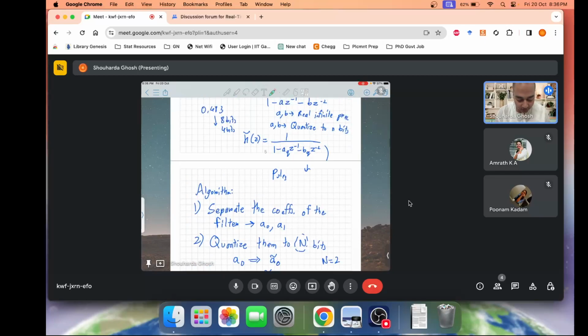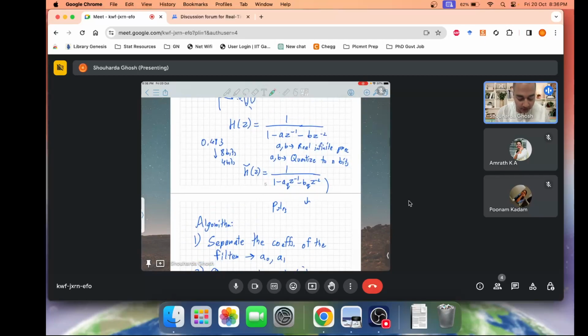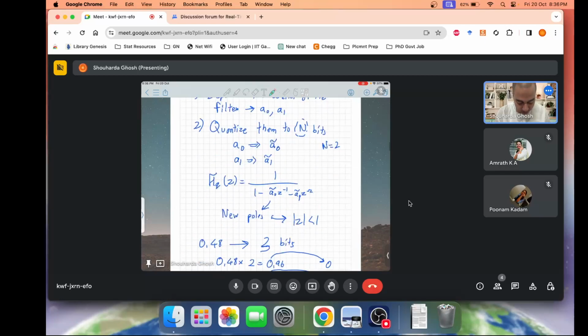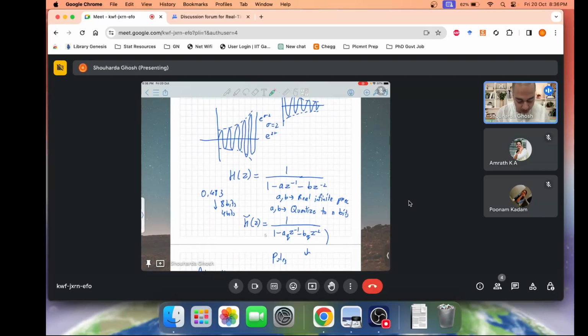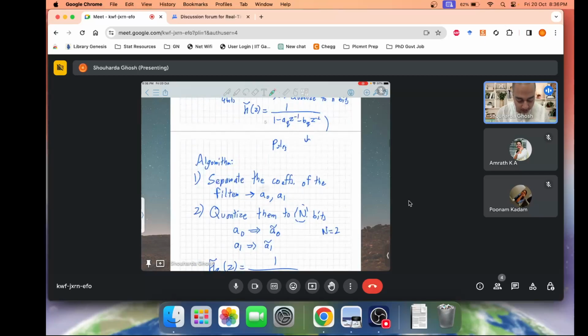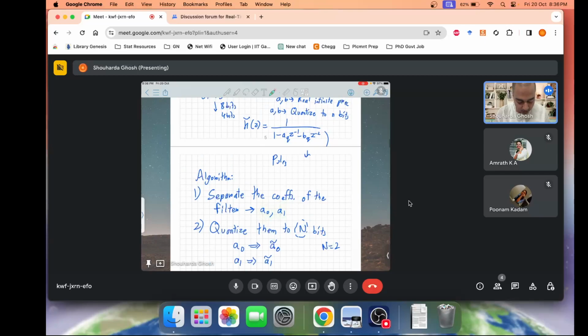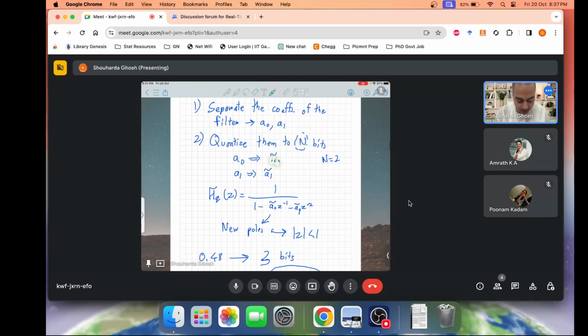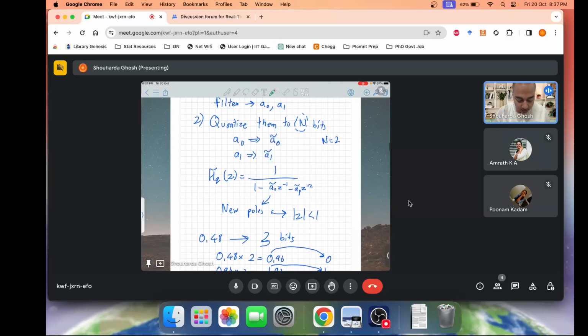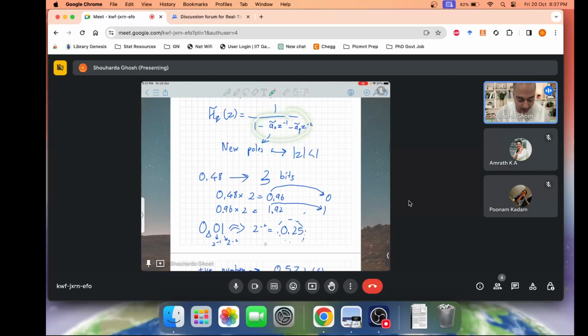So you're not looking at the response portion anymore. Now we are looking at problem solving. So how do you actually solve this? Suppose you have some initial coefficients a and b, written as a0 and b0. What do you do if you want to quantize them to n bits? Once you quantize into n bits, you have some new coefficients a0 tilde and a1 tilde, and then you need to factorize them and obtain the new coefficients.